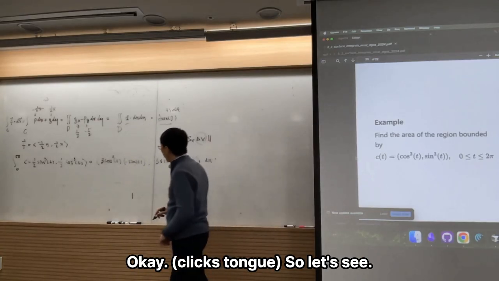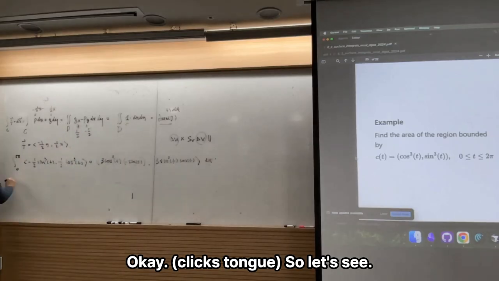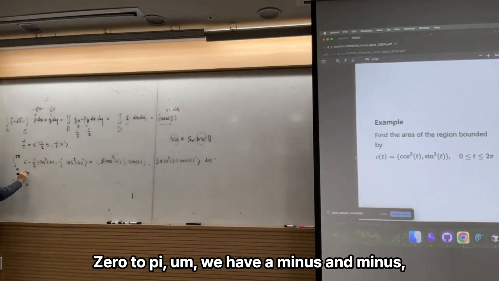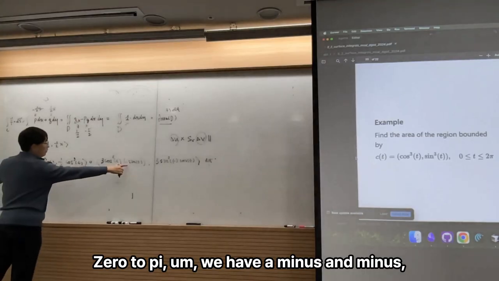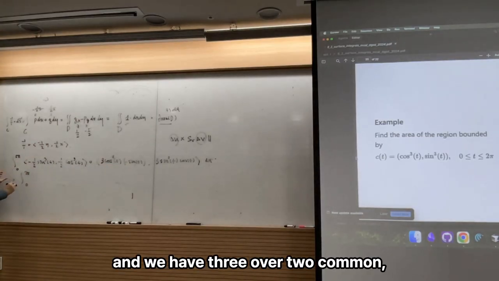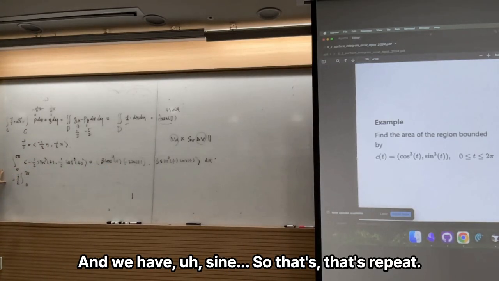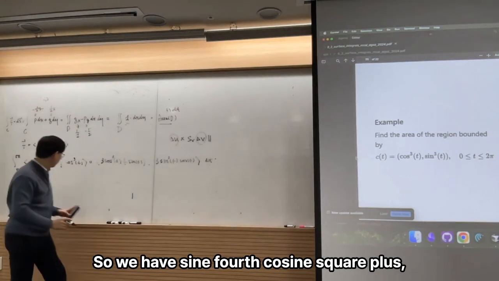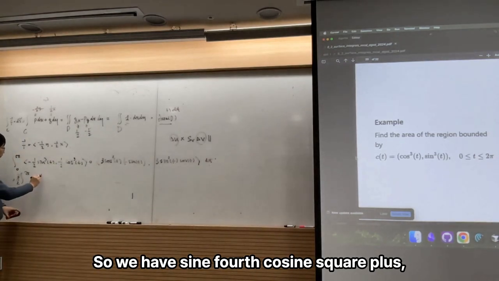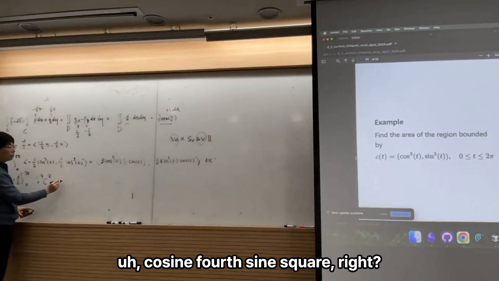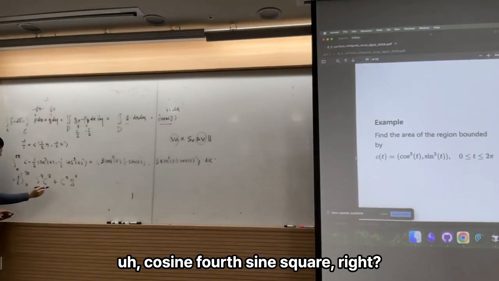Okay, so let's see, 0 to pi. We have a minus and minus, so it's going to be plus. And we have 3 over 2 in common, so let's take them out. So we have sine fourth cosine squared plus cosine fourth sine squared, right?